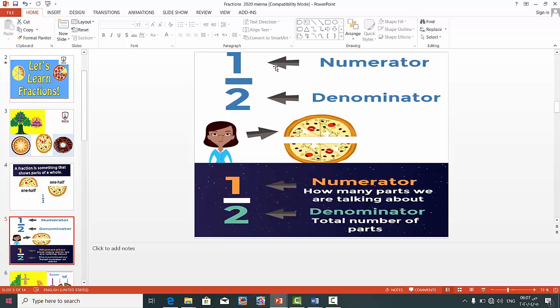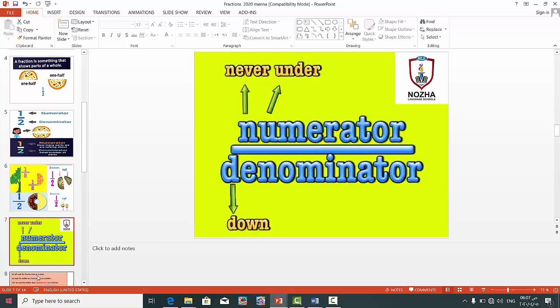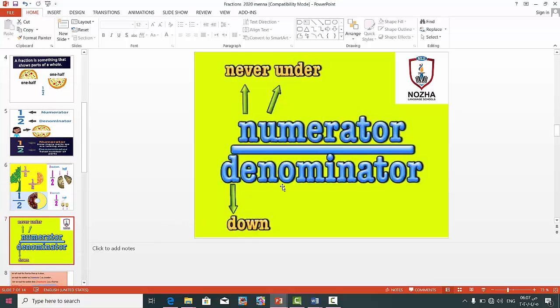The numerator tells me the colored or shaded part. The denominator tells me all parts, the total parts we have. Here I have a donut, pizza, cake, apple. Don't forget, the numerator is the number which is up, and the denominator is the number which is down.